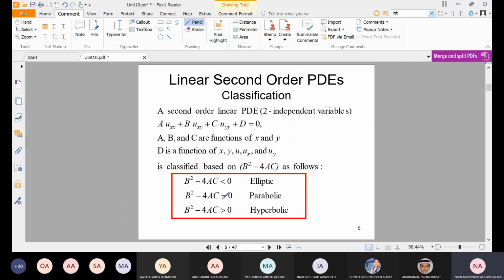In this case we have parabolic. For the hyperbolic type, usually a or c is zero and b is positive or negative. In this case this will be positive because of b squared. So the type here is hyperbolic.